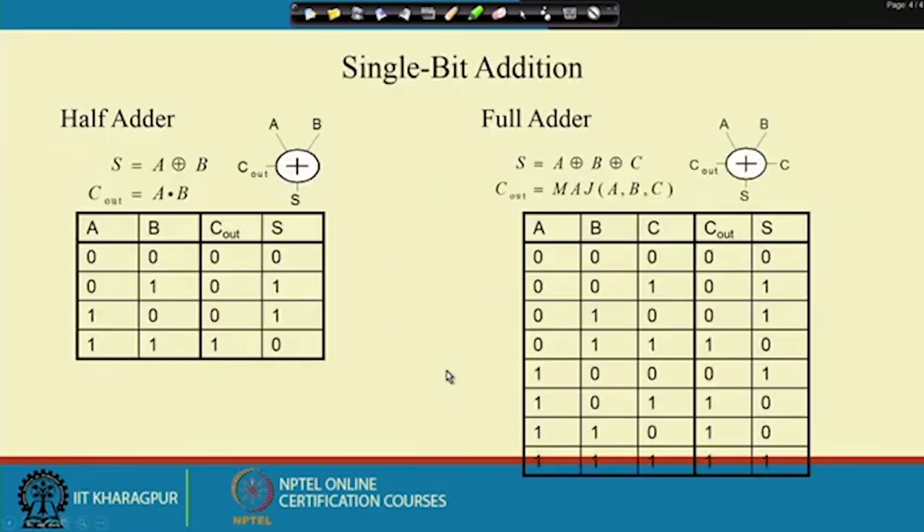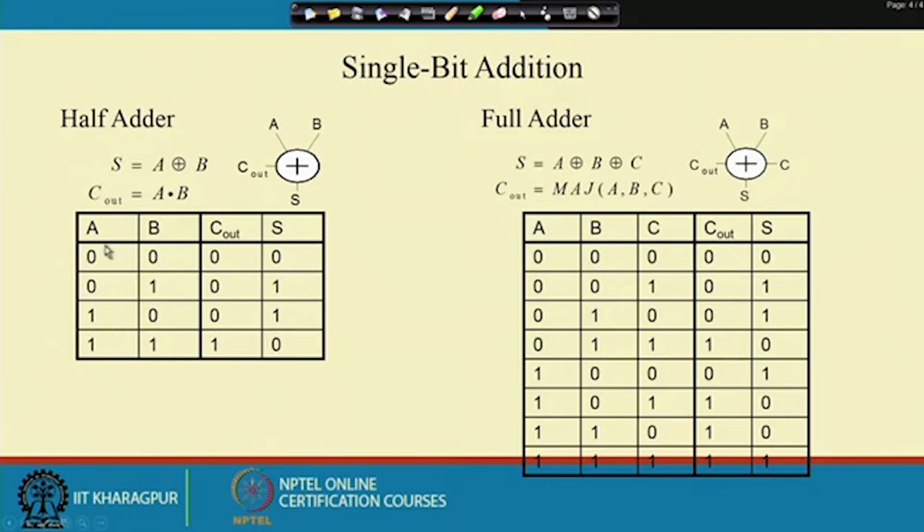This is the basic we have learned in digital electronics. In the half adder, suppose these are A and B, the two inputs, and C out and S are the two outputs, where S indicates the sum bit and C out is the carry output bit.